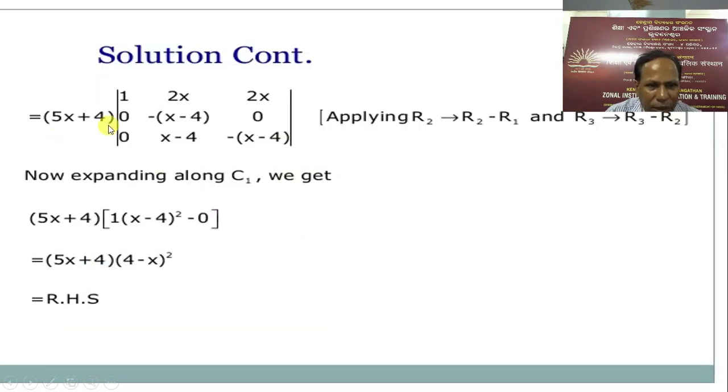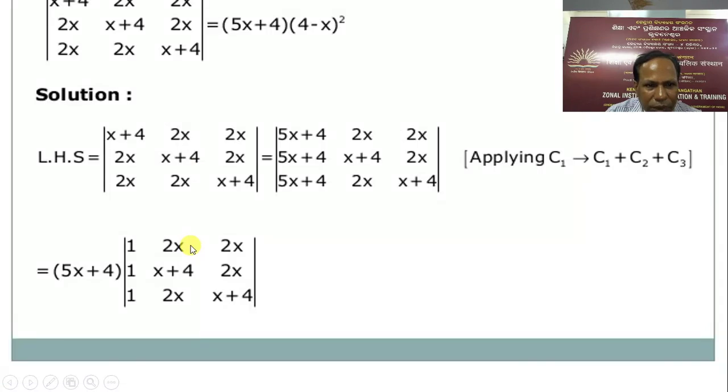So it is 5x plus 4. Then our next step is to try to get as many zeros as possible, preferably two zeros, either in a row or in a column. For this, we apply the property R2 replaced by R2 minus R1 and R3 replaced by R3 minus R1.